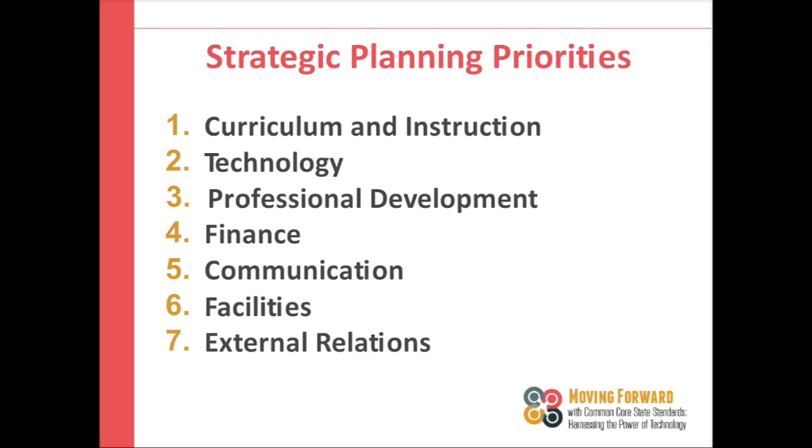And it was a quite involved process, but we actually got it down to these 7 different priorities. So number 1 was curriculum instruction, number 2 was technology, and number 3 was professional development. So those are the top 3.